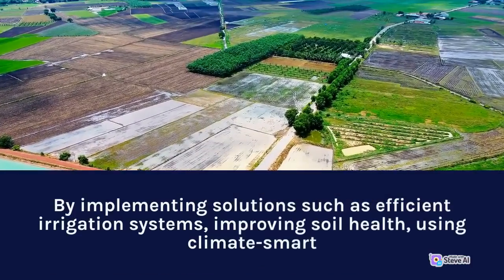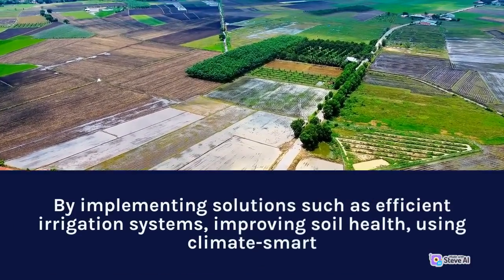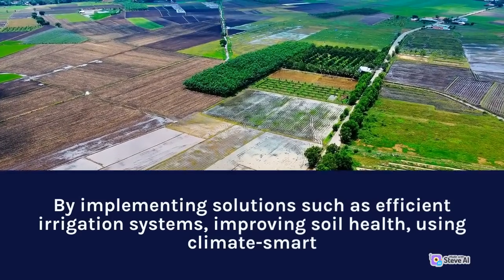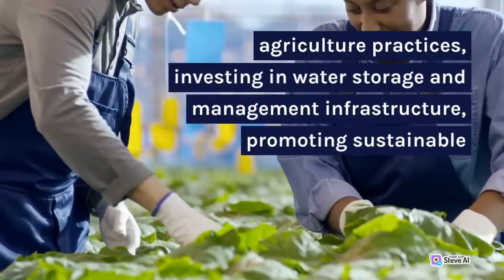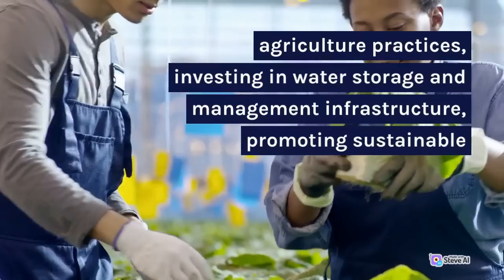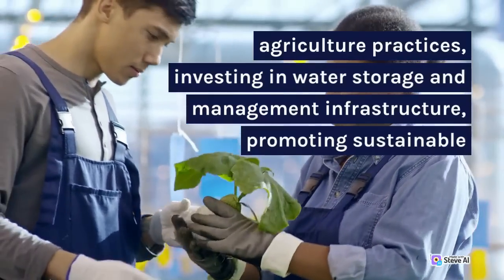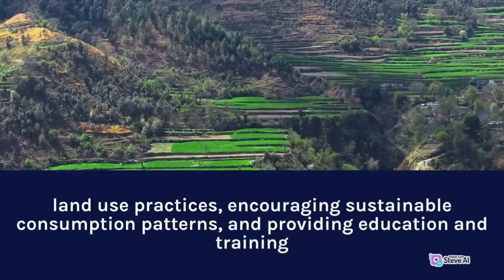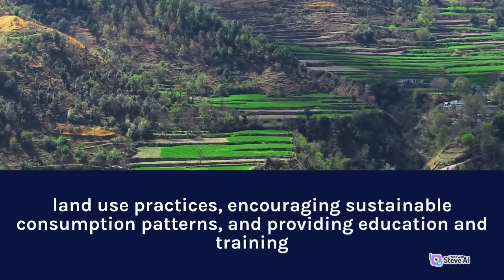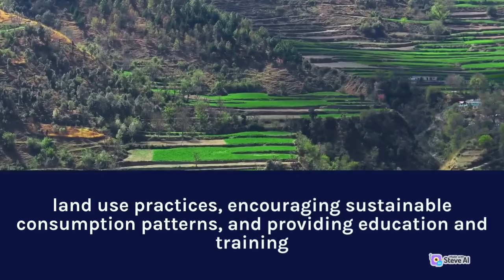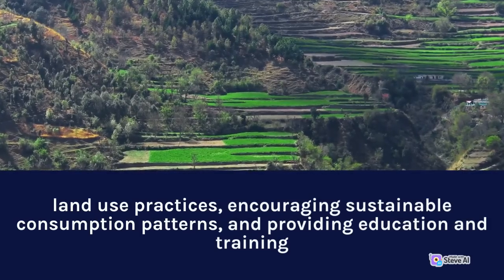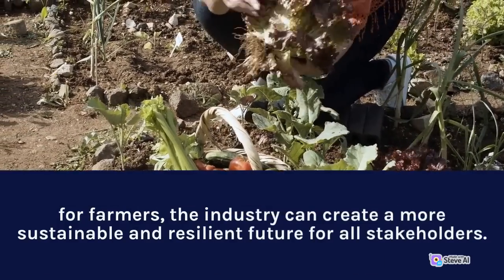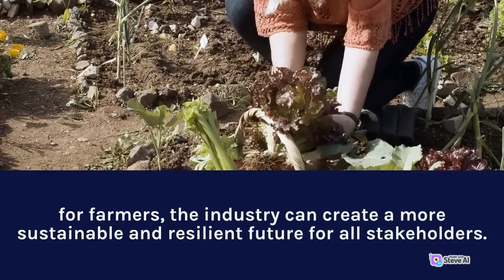By implementing solutions such as efficient irrigation systems, improving soil health, using climate-smart agriculture practices, investing in water storage and management infrastructure, promoting sustainable land use practices, encouraging sustainable consumption patterns, and providing education and training for farmers, the industry can create a more sustainable and resilient future for all stakeholders.